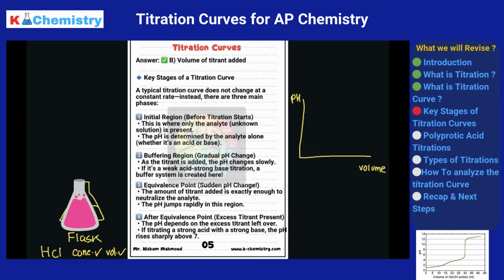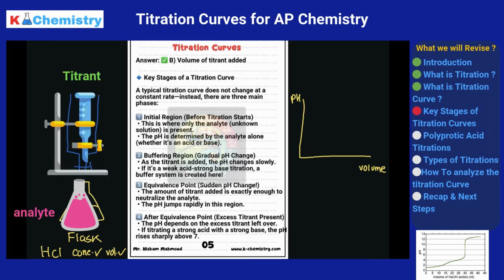Then I add another solution from the top. I don't know yet how much volume I'm going to use, but by the end of the experiment I will know how much, though I don't know the concentration. So what is the concentration? Let's say I stopped here, then I will know I have changed it from 0 to 30. So I have used 30 ml.